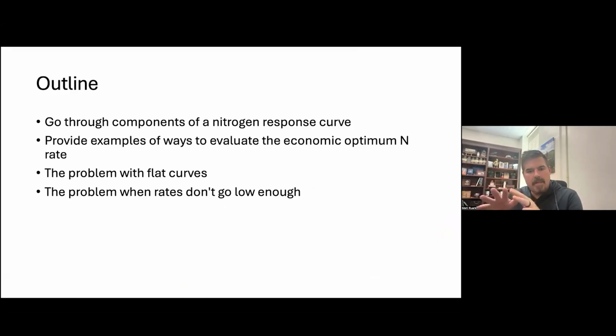I want to show some examples of ways to evaluate that economic optimum N rate and touch on that a little bit more. We talk about that economic optimum N rate, but we've got to talk about what it really means. I also want to talk about a few of the pitfalls or problems you might encounter, specifically with relatively flat curves, and problems when rates don't go low enough.